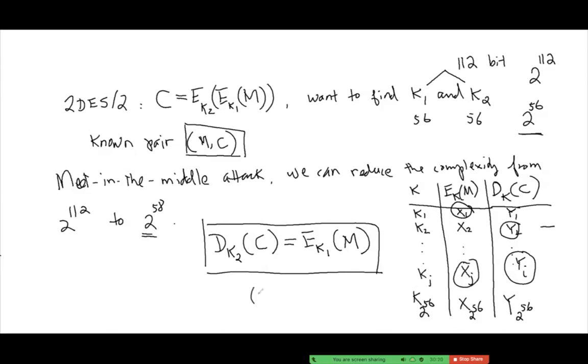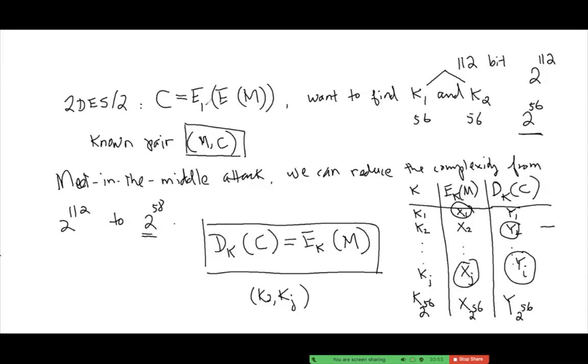Then in this case, K2, Kj. Now, when I do this, these K1 and K2 are not the same as this K1 and K2, so let me make that clearer.